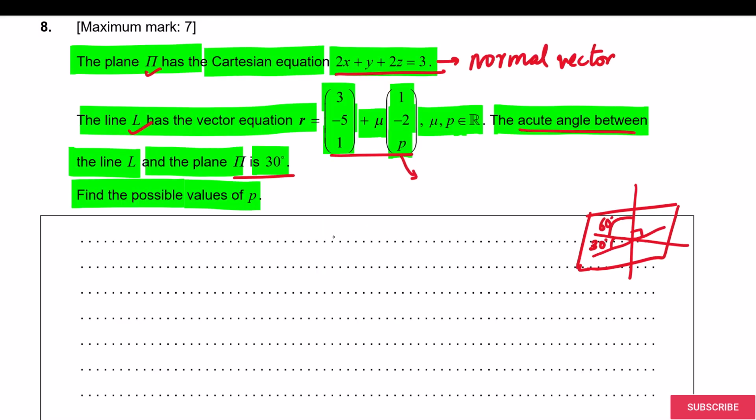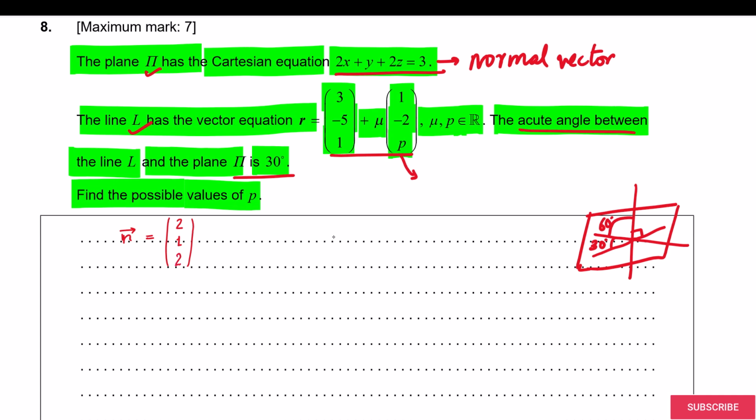So now we will take this question as the angle between the two vectors being 60 degrees. The first vector is the normal. We'll take it as vector a, and we know from the plane the normal vector is the coefficients of x, y and z. That is going to be (2, 1, 2).